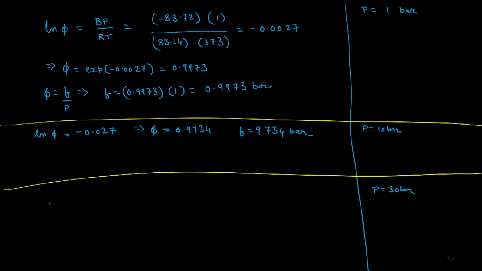Ln phi is going to be negative 0.081, phi is going to be 0.922, and F is going to be 27.67 bar.